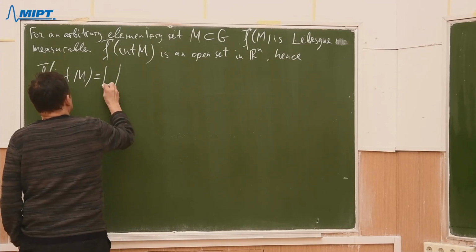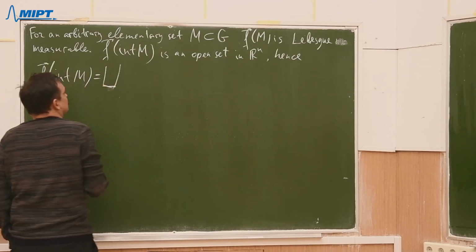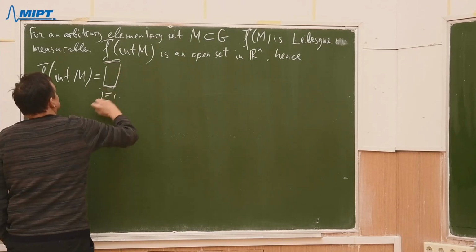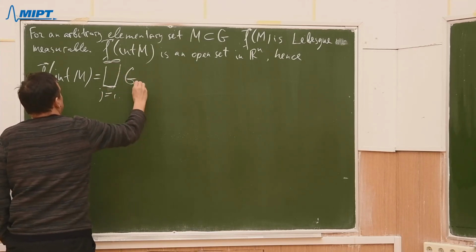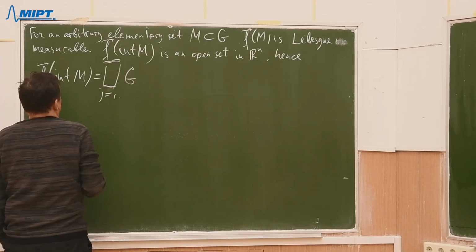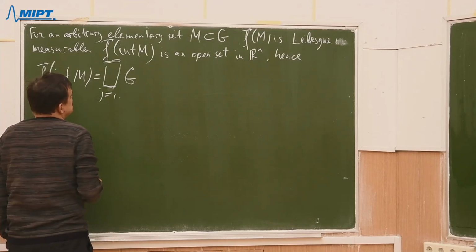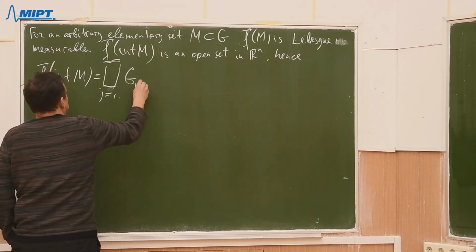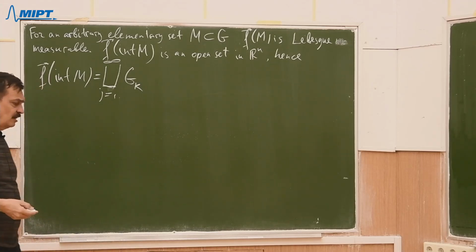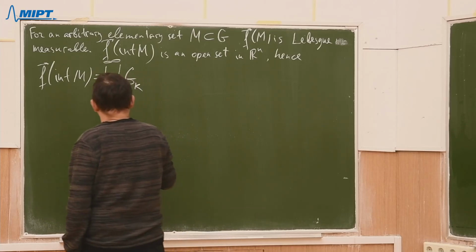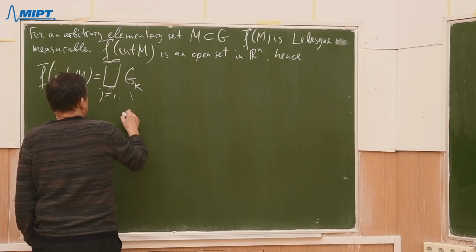I used this disjoint union of countably many, let it be G_K, countably many elementary sets.